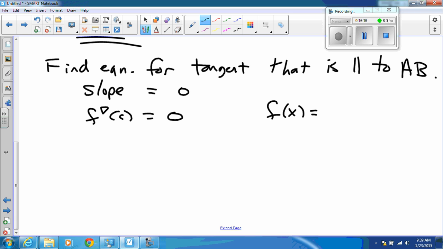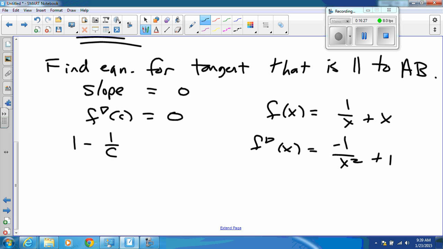Very good. That's right. f of x is equal to 1 over x plus x. She goes through and takes a derivative term at a time to get negative 1 over x squared plus 1. And f prime of c is going to be negative 1 over c squared plus 1. Okay, solve the equation.